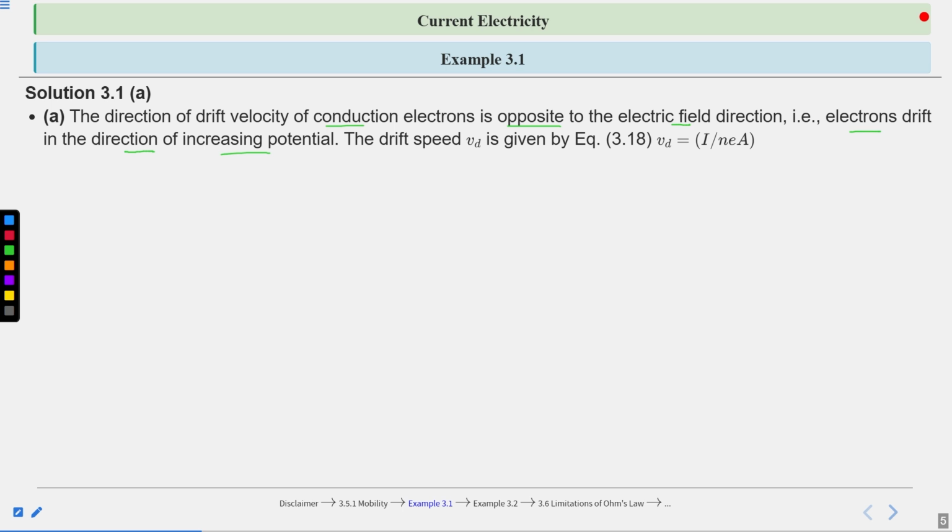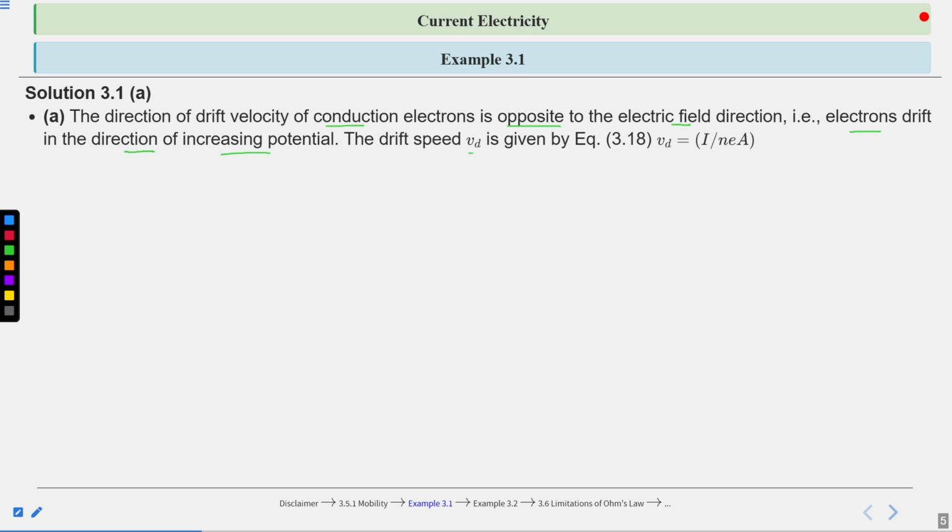The direction of electric field is in the direction of decreasing potential and electrons are moving opposite to the direction of electric field. That's why they are moving in the direction of increasing potential, means they are moving towards more positive potential.